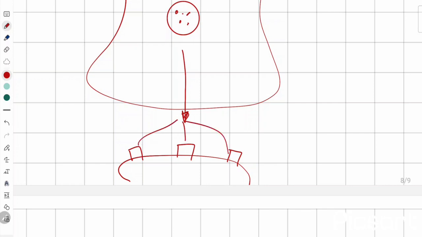Also we have a dopamine reuptake receptor right here, and we also have an autoregulatory receptor right here.